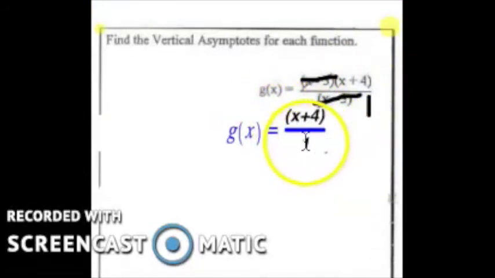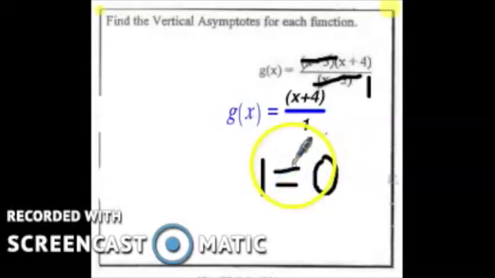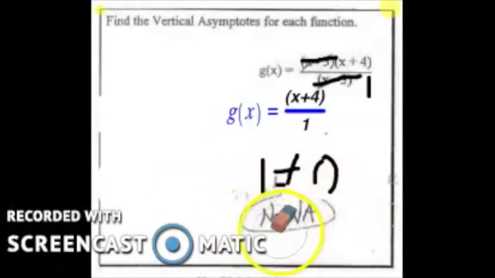And remember, with vertical asymptotes, we set the bottom number equal to 0. So this time we have an equation that says 1 equals 0. But that's not true and can never be true. 1 cannot equal 0. So we just say no VA, no vertical asymptote, because 1 can never equal 0.